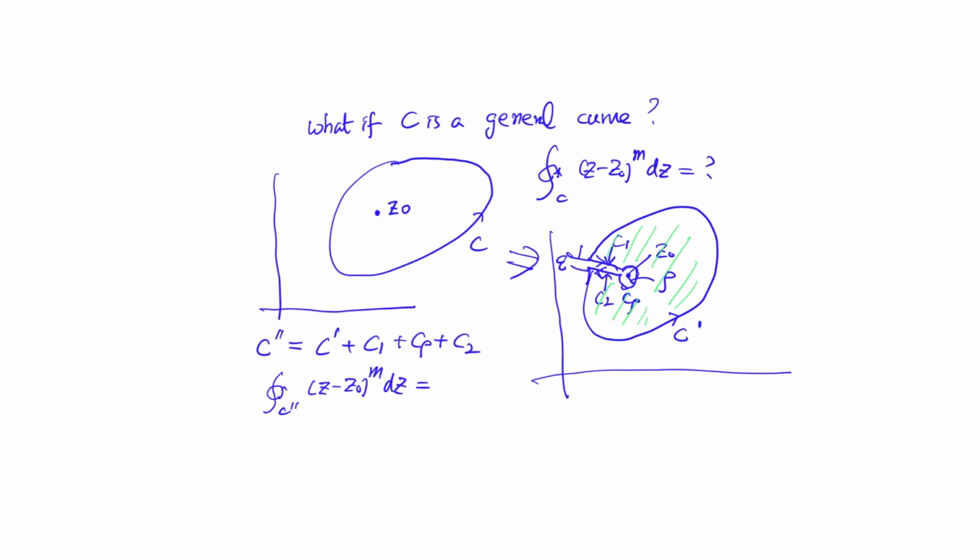So here, C naught is outside of C double prime. So this point is now outside of this circle, new circle, right? New curve, C double prime.